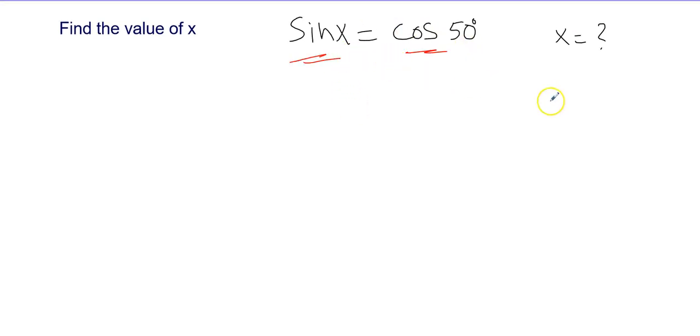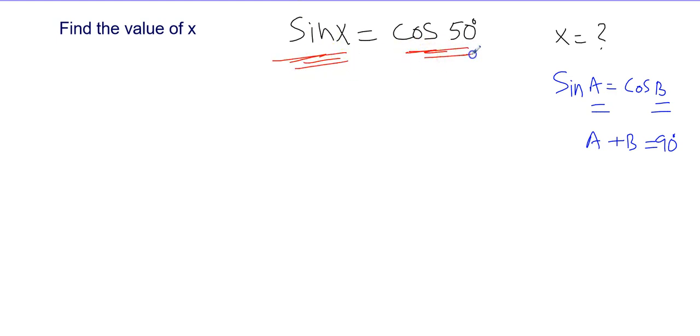Now we know that if sine A is equal to cosine B, this A and B are complementary angles. That is, the measure of angle A plus the measure of angle B, their sum, is going to be 90 degrees when you add them. So the same thing is applied here. They gave us sine x, which is equal to cosine 50. Therefore I can write x plus 50 is equal to 90 degrees. They are complementary angles.